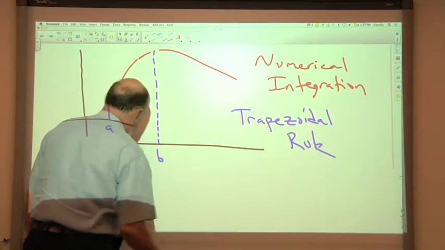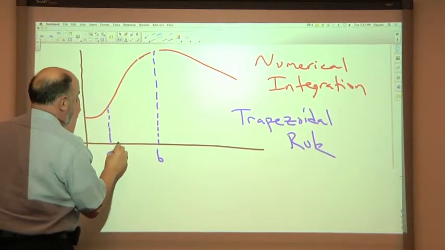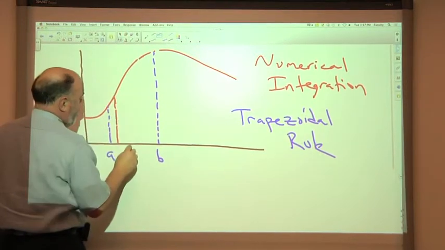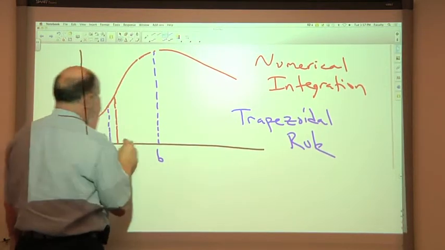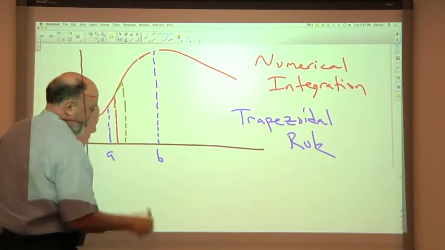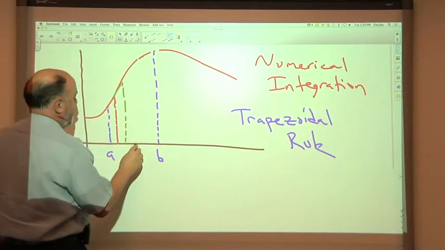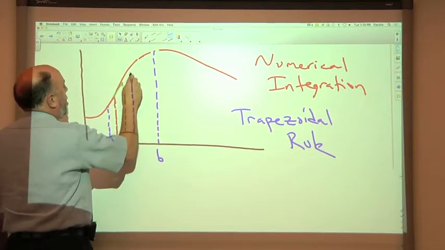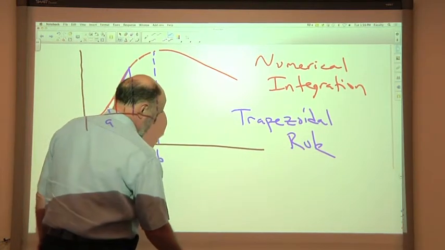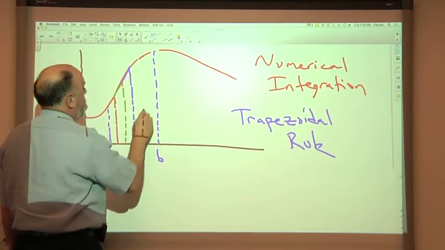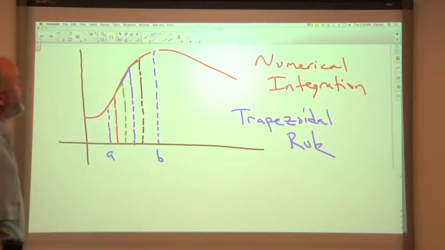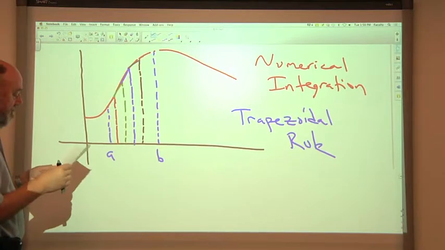So I could have one going here, up to here, and I get a trapezoid there. I get another one. And then I could get another one and get that point, and so on here. Right? And then I could take those trapezoids and add them together.